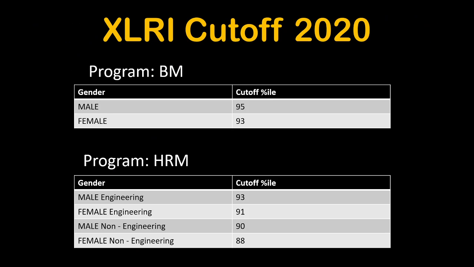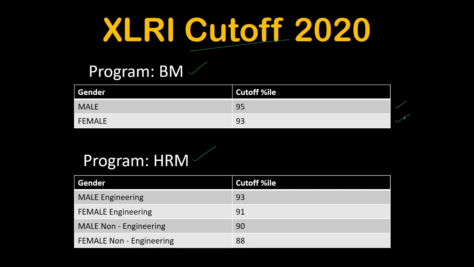Now let's have a look at the previous year's cutoff, because somewhere down the line it's going to be the same this year also. There are two programs in XLRI, BM and HRM. As you can see on your screens, for BM the male category cutoff was 95 and for the female category the cutoff was 93.